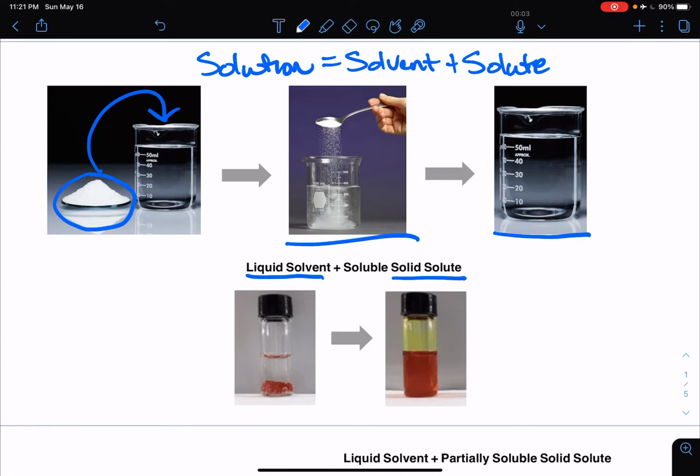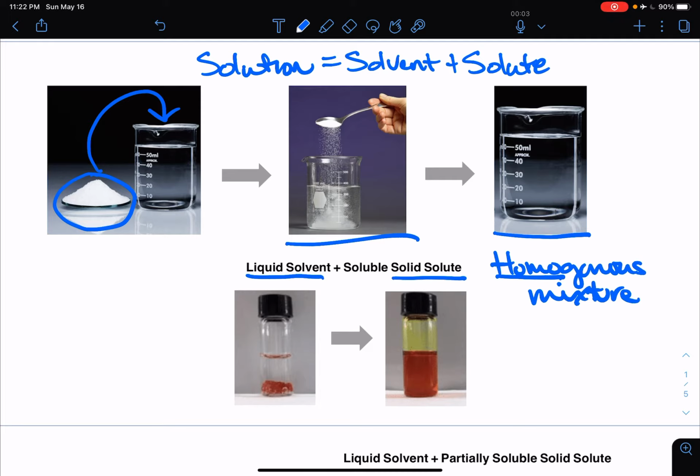Now, we can't, with our eyeballs, see where the solid particles are within this liquid substance. So what we have here is a homogeneous mixture. And homo right there means the same.